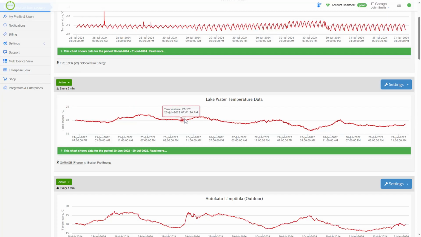It's also quite an understandable profile, but look at the drop here at night time in July. That is quite interesting data for me as a fisherman, for example, because I can see water fluctuation and understand how fish would react to this.